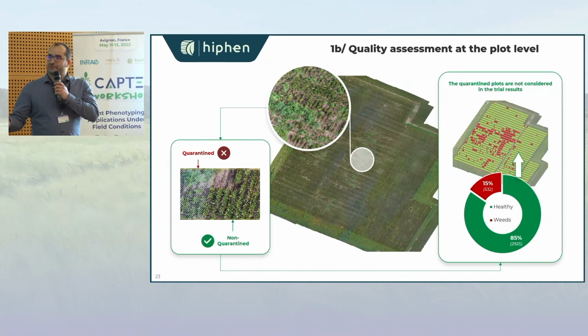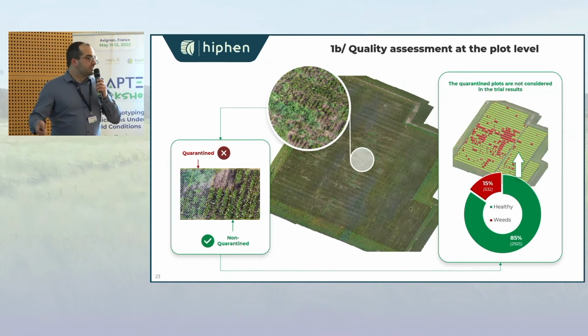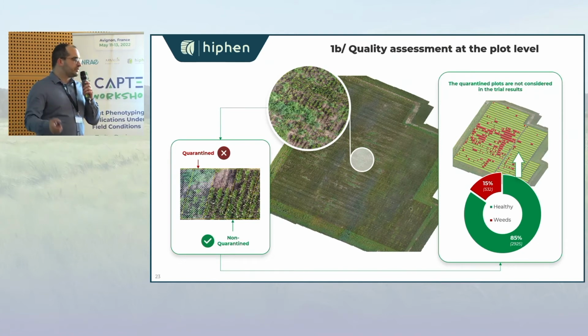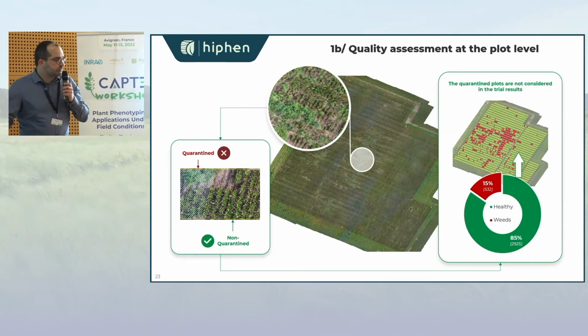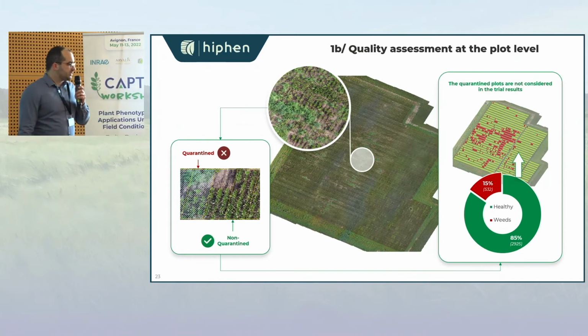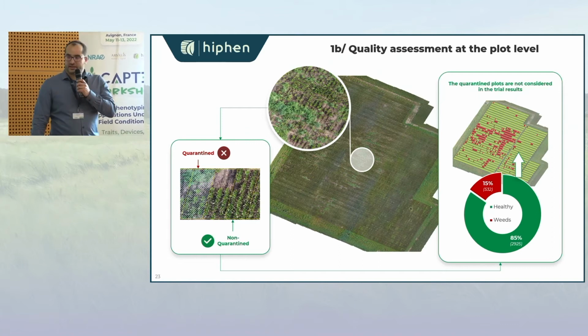It's really expensive to run these types of trials, or can we still save enough data to justify the investment? And so what we did was to just quarantine all the microplots where you had too many weeds, to be able to compute a yield that would make sense.